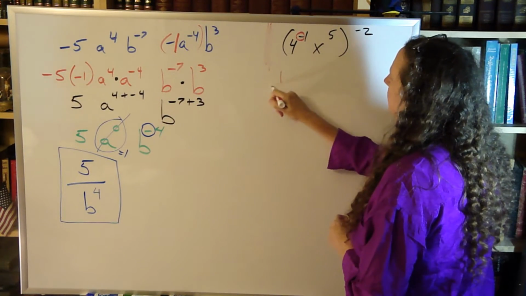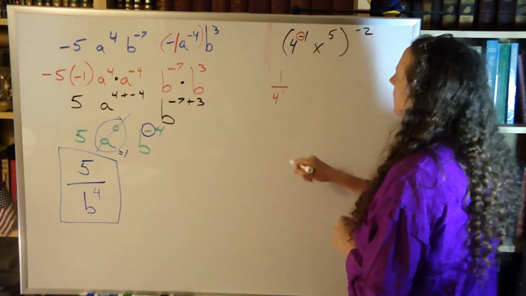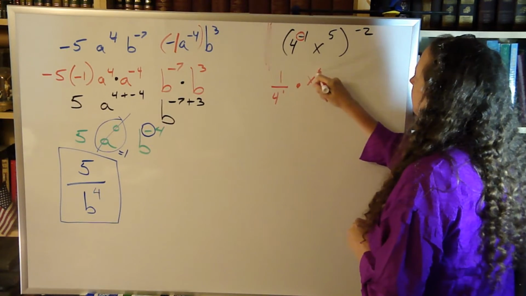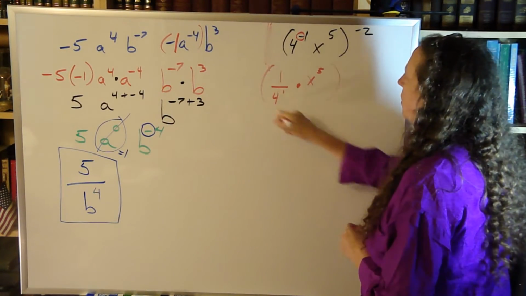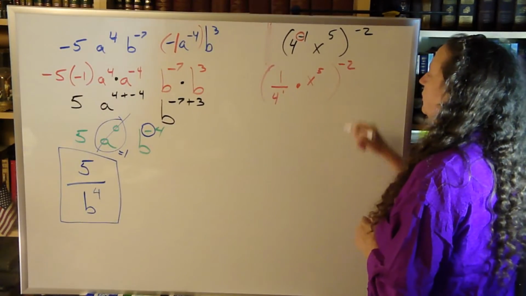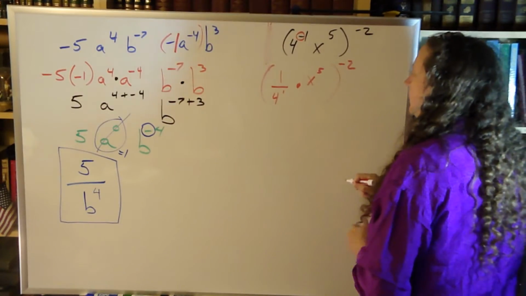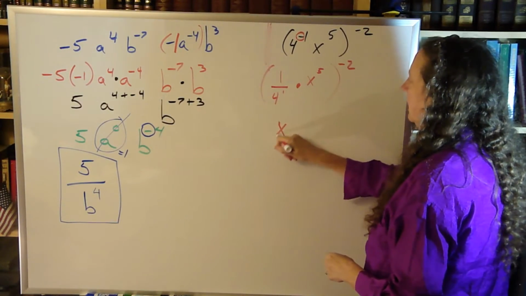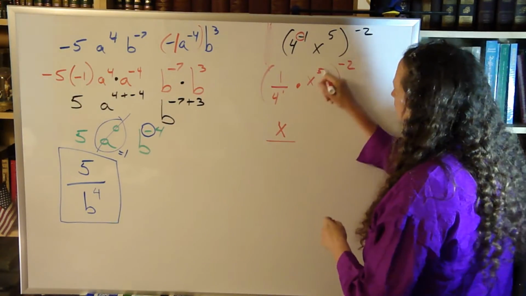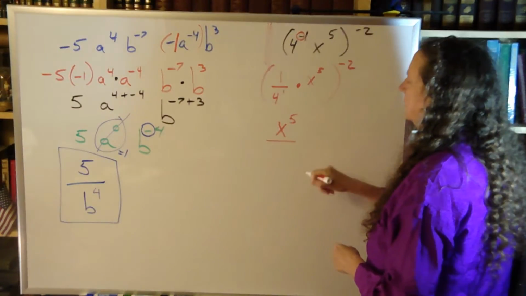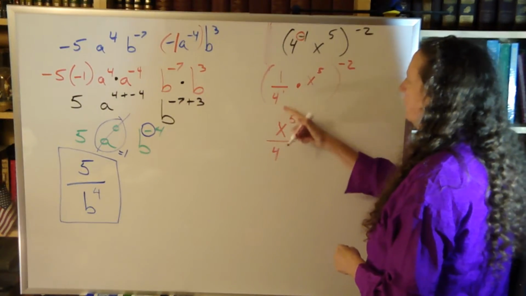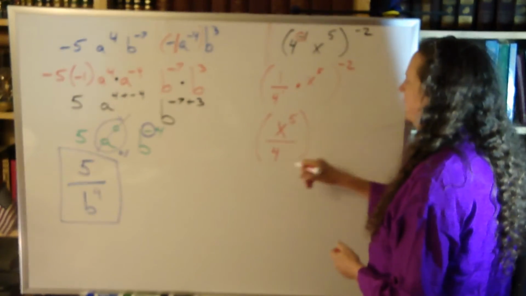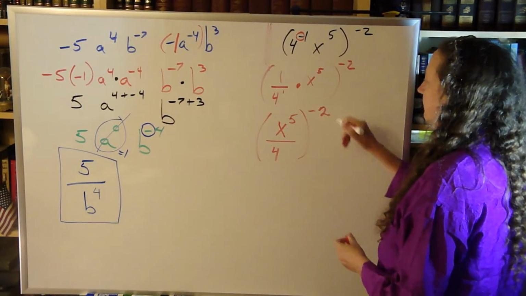That gives me 1 over 4 to the 1 times x to the 5, all still being raised to the -2. I'm going to simplify this. That gives me x to the 5 over 4 to the 1. 4 to the 1 is just 4. It's all still being raised to the -2.